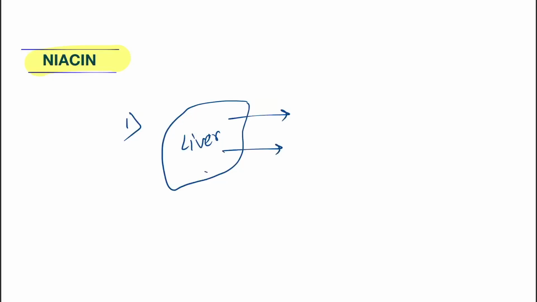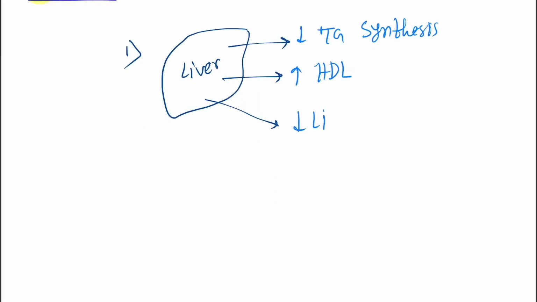Next is niacin. Let's see the mechanism. Niacin has two effects. The first one is on the liver. There are several effects: it decreases TG synthesis, increases HDL, and decreases lipoprotein.